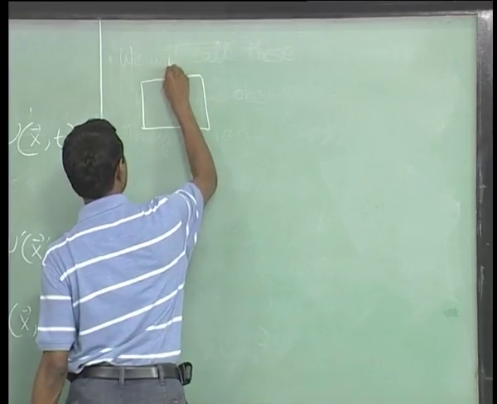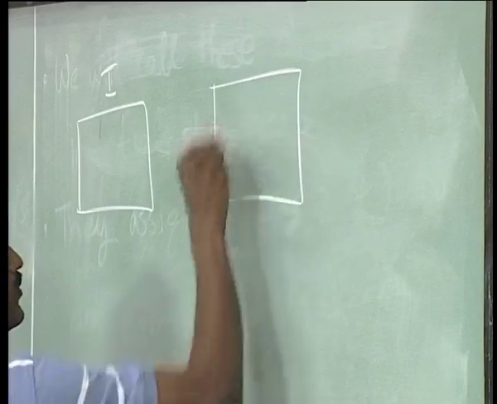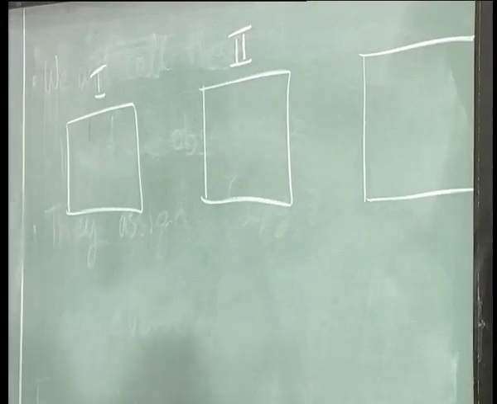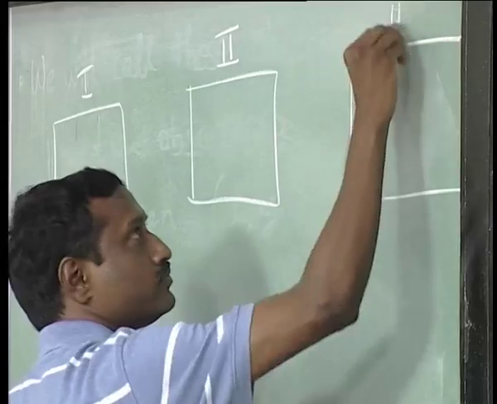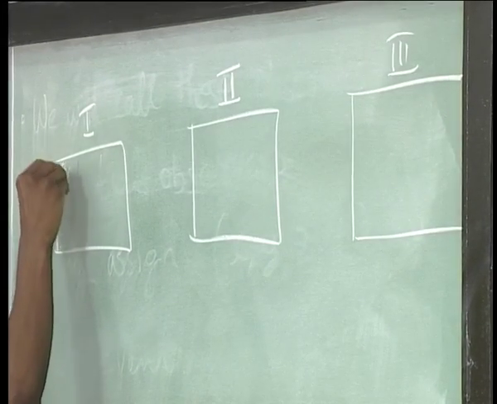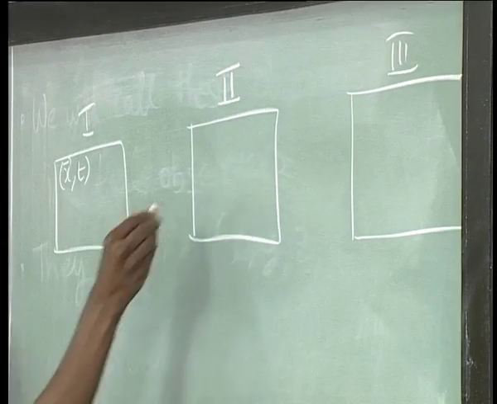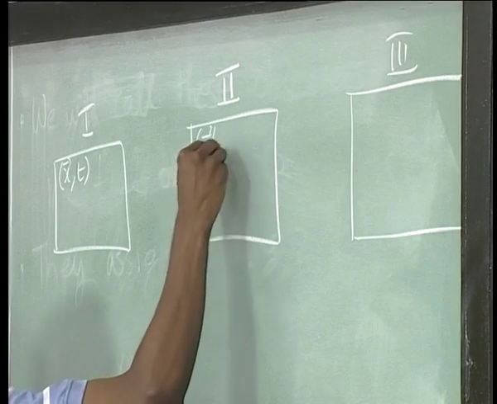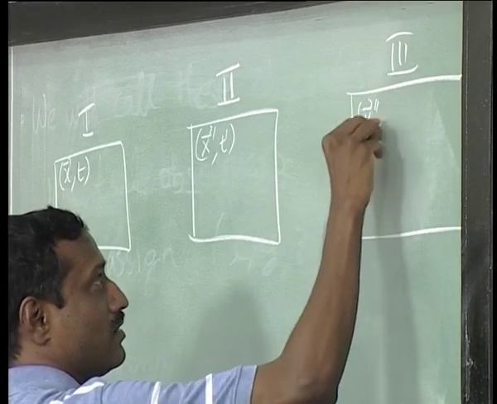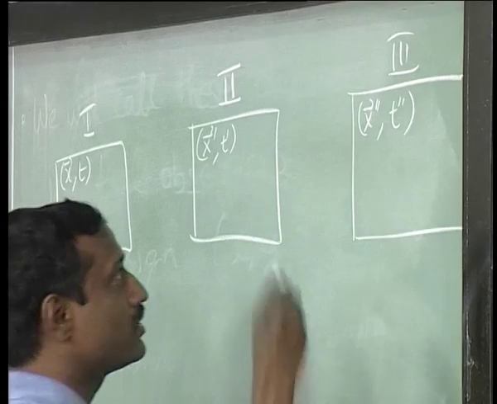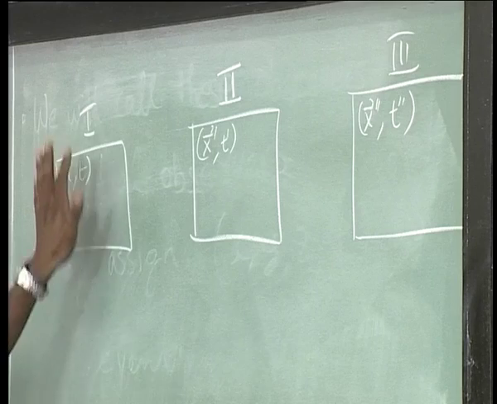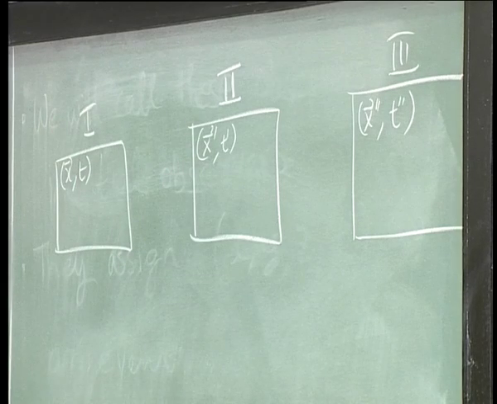Observer 1, observer 2, we already have 2 of them, and we have a third observer, and let us say that as before x and t, x prime, t prime, and the number of primes are increasing, so we will put a double prime out here. So these are the coordinates chosen by observers 1, 2 and 3.